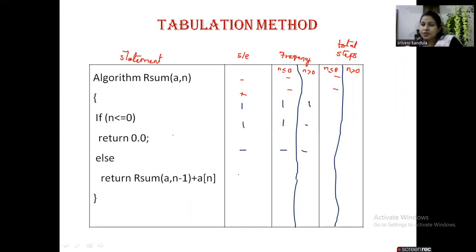So what will be S by E? The return statement gets executed 1, but here I have the expansion of this recursive equation. I don't know how many times it will get executed for one execution. In the earlier video, we have clearly seen how to elaborate this recursive equation. Since I don't know the program steps, let me write it as 1 plus x.